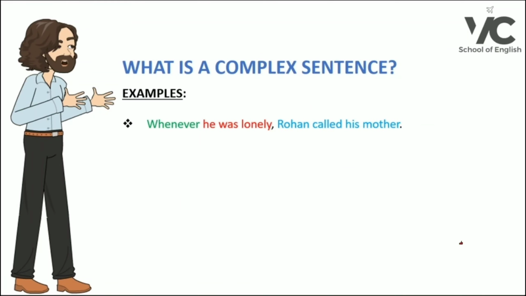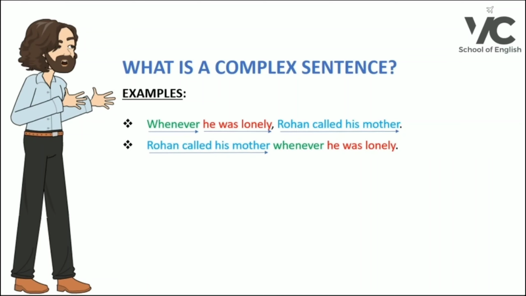Whenever he was lonely, Rohan called his mother. In this sentence, it has started with a subordinating conjunction followed by a dependent clause and an independent clause. And in the next example, it has started with an independent clause followed by a subordinating conjunction and a dependent clause.